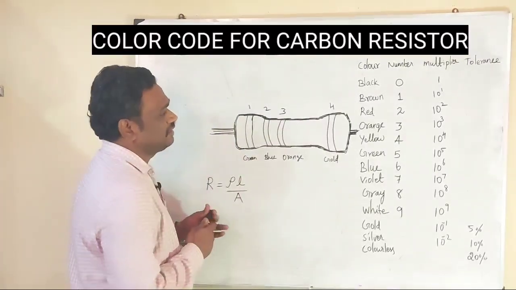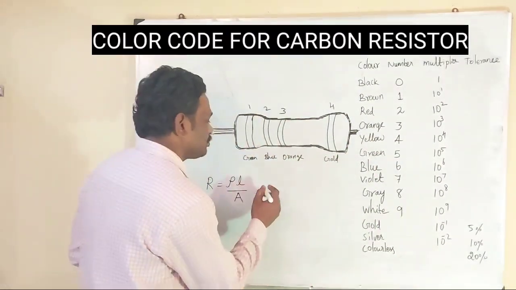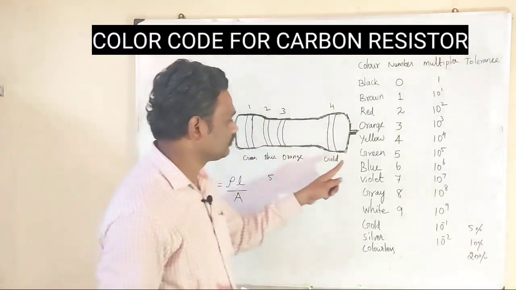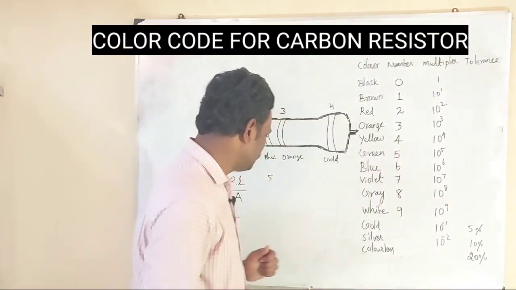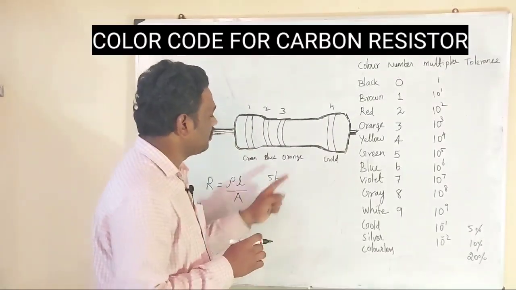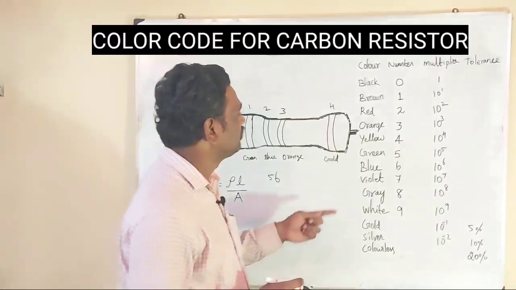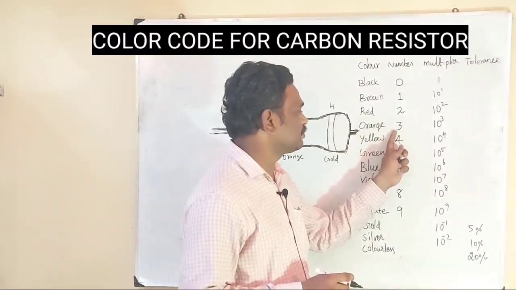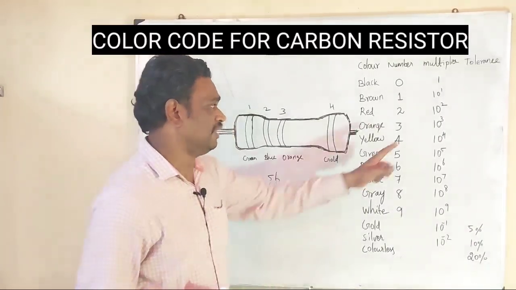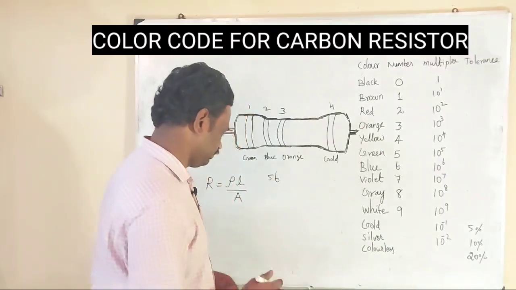Green, see the color and the corresponding number: it corresponds to the number 5, and then blue corresponds to the number 6. And then orange, the third ring, is the decimal multiplier. The third ring corresponds to 3. It means we have to use 10 power 3, or instead of 10 power 3 we can use 3 zeros.